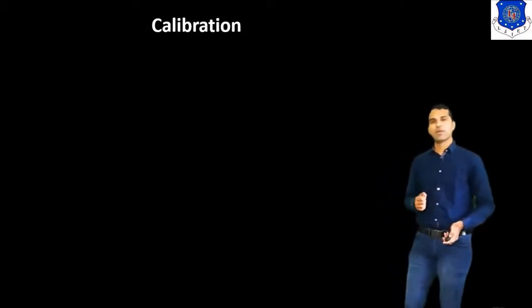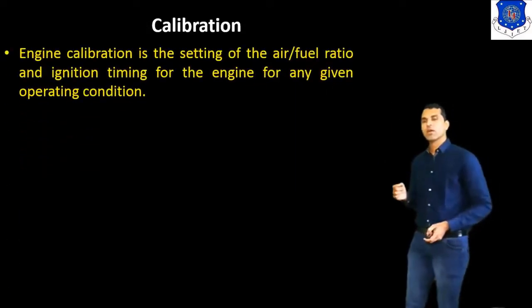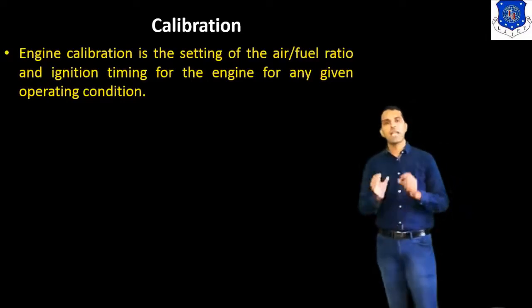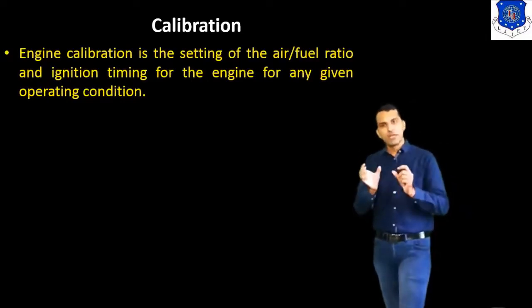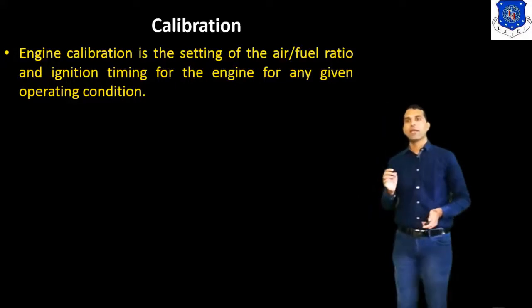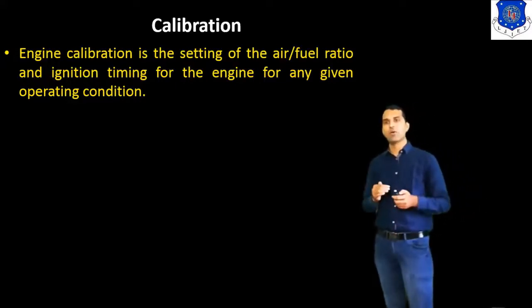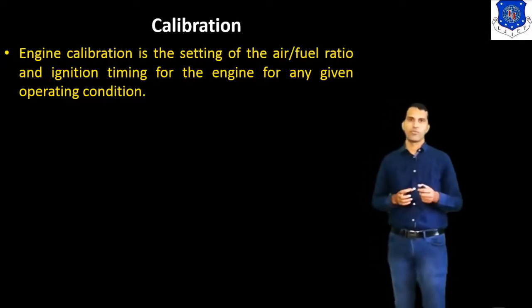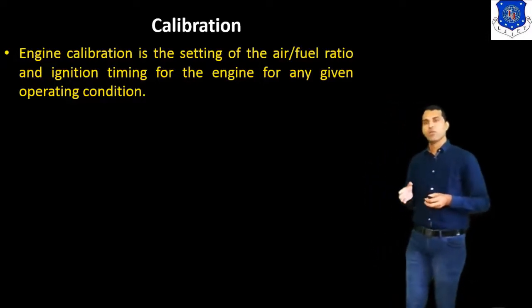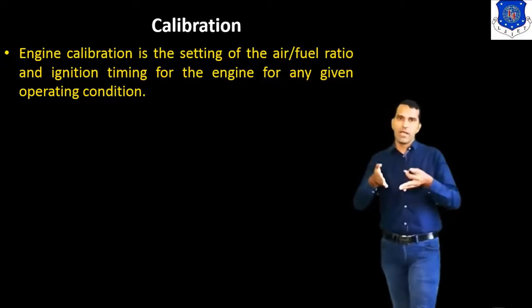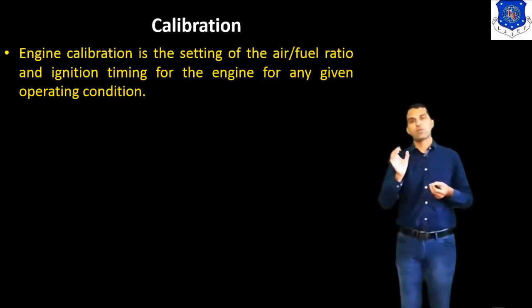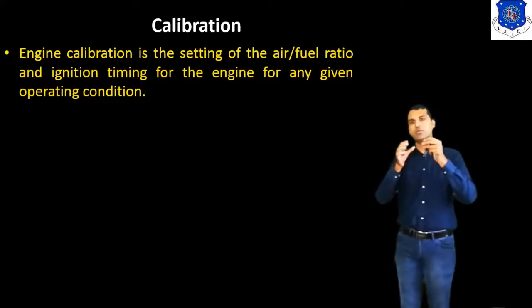Now the next one is calibration. Engine calibration is the setting of the air-fuel ratio and ignition timing for the engine for any given operating condition. That means the air and fuel enter inside the combustion chamber, so we have to maintain the air and fuel ratio.